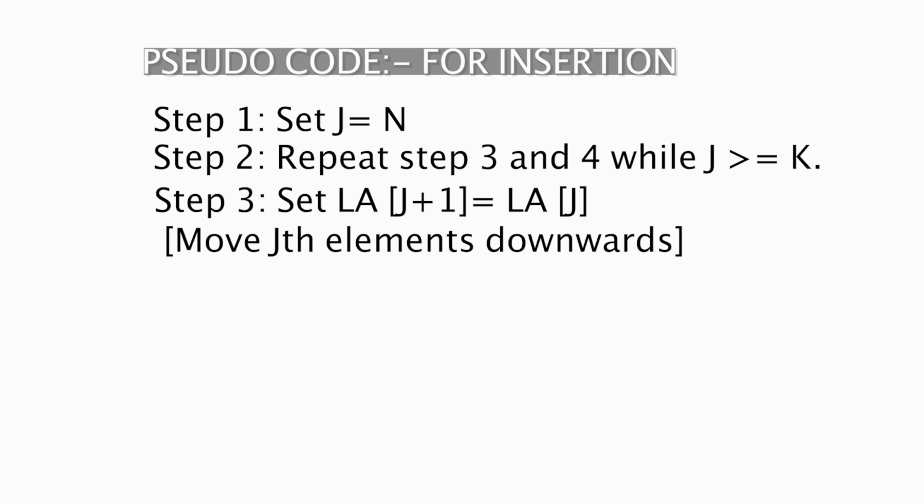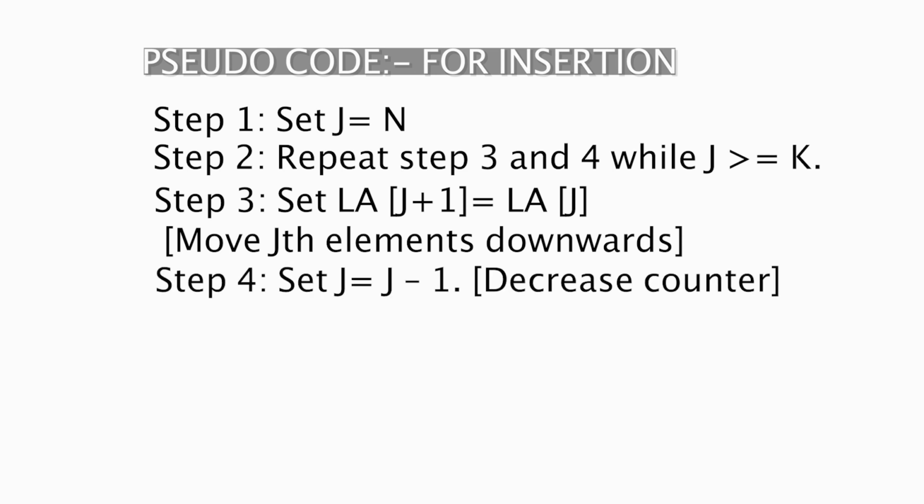We are shifting the item from the jth position to the j plus 1 position with the help of the syntax LA of j plus 1 equal to LA of j. In step 4, set j equal to j minus 1. It means decrease the pointer one by one. When you shift one element from the jth position to j plus 1, you have to decrement the pointer j one by one.